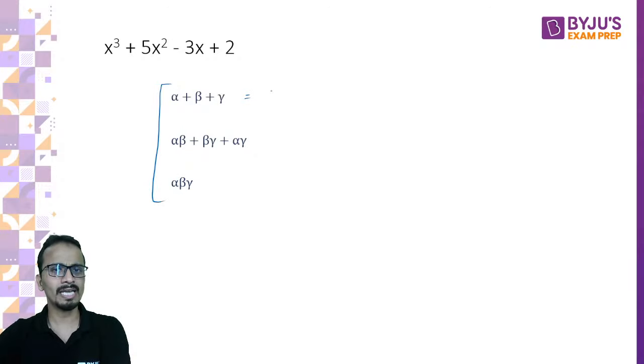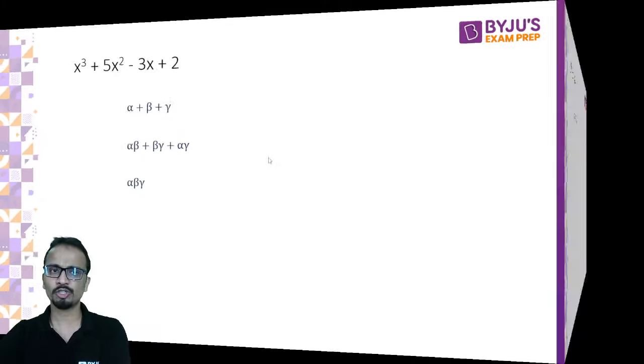The values again: minus 5, minus 3 and minus 2, which I'm going to use in the next question.